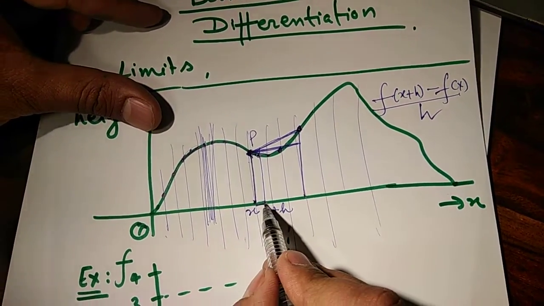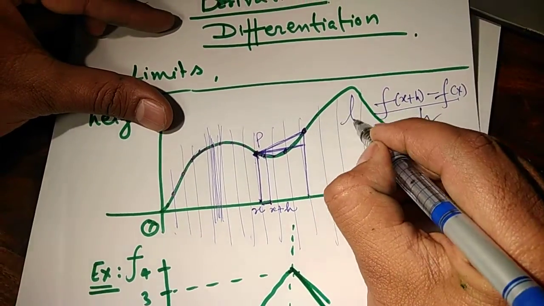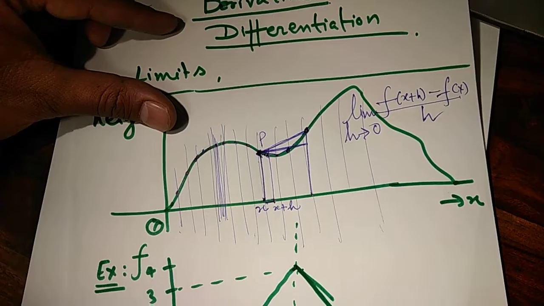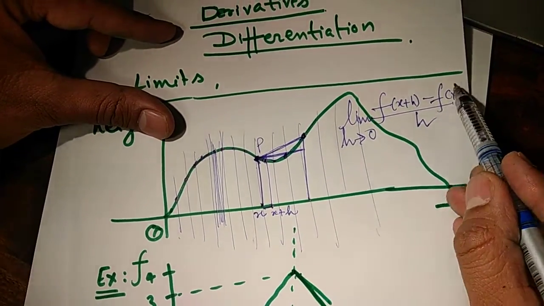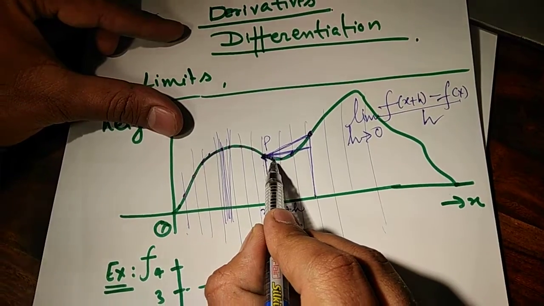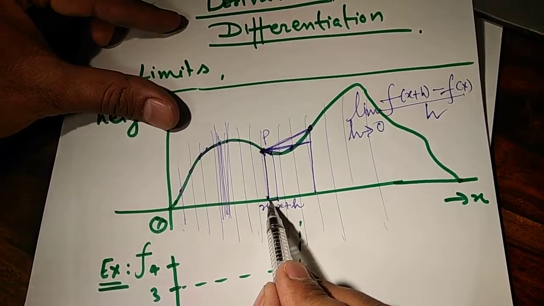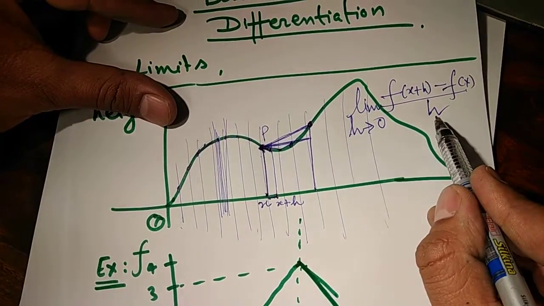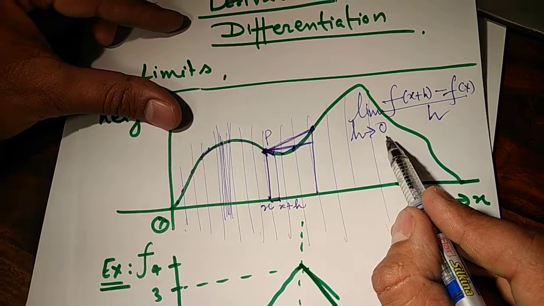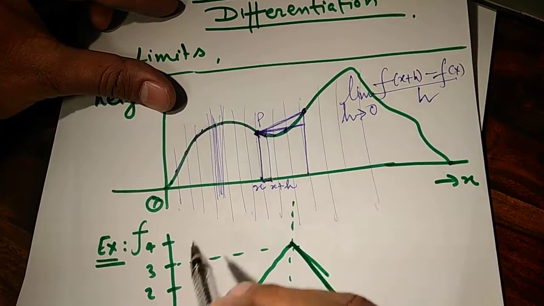And if I take this very close to x, I will have a perfect estimation of the slope. So I want to determine the slope of this small line segment here. In the limit, the distance between these 2 points is vanishing. So I take the limit, h goes to 0. So we come back to the limits. Okay, so that's how we are going to find the slope at any point P.